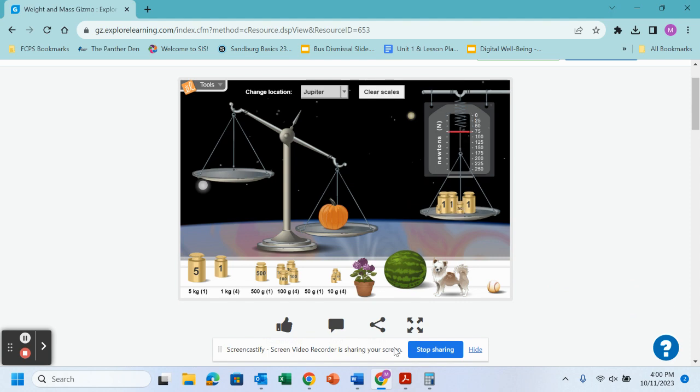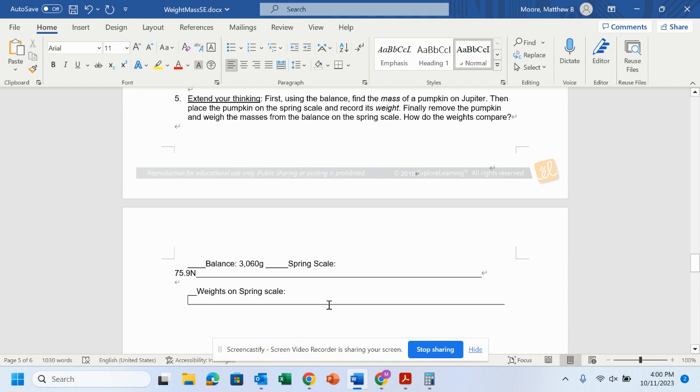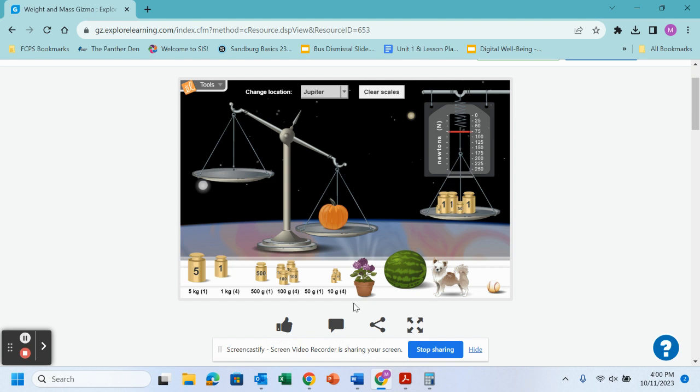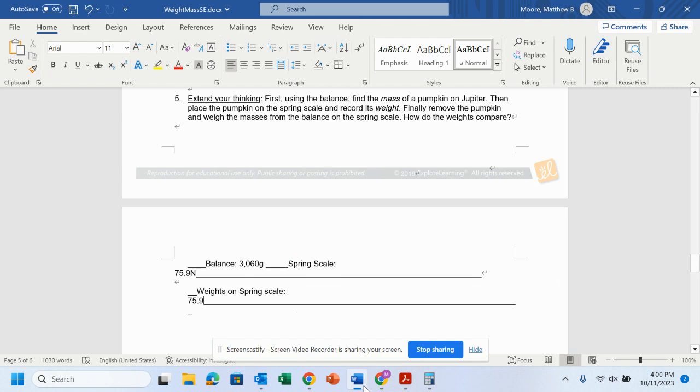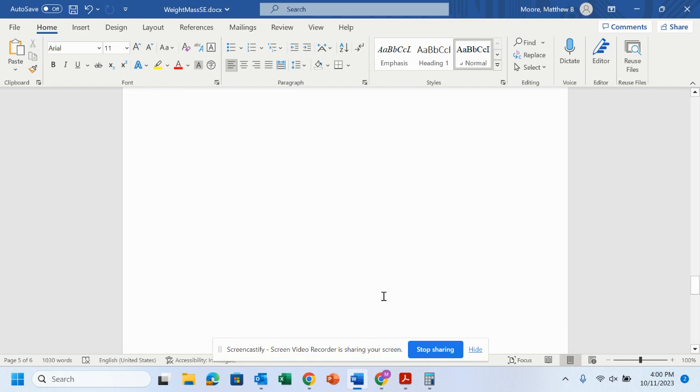So it's also 75.9 newtons. Because the mass of the weights and the pumpkin are the same when you measure them on the spring scale, the newtons are the same.